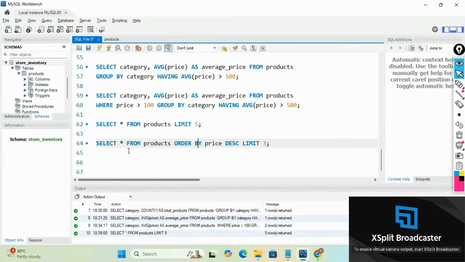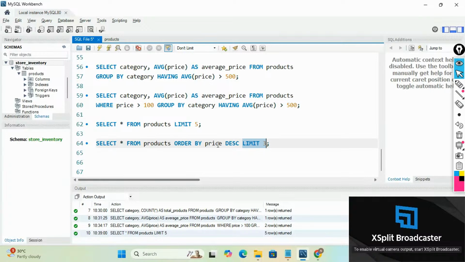So this will be the answer. Why? Because the top products with respect to price can be done using this part, but only 3 can be done using limit part. So that is the difference.